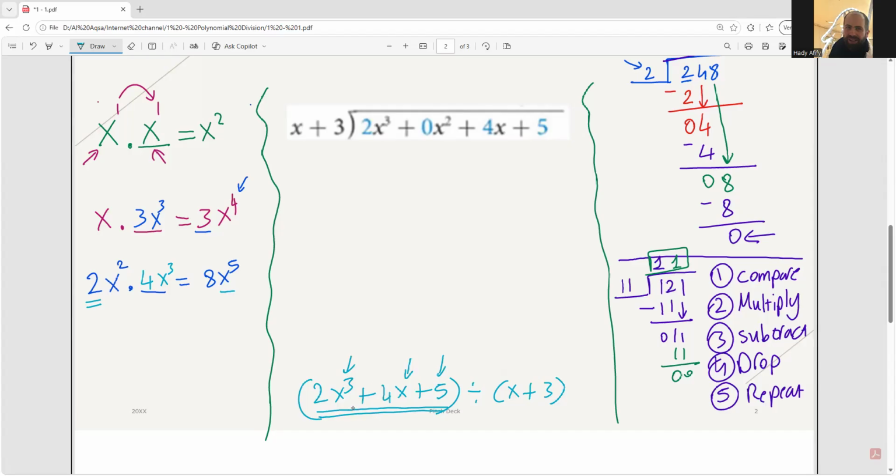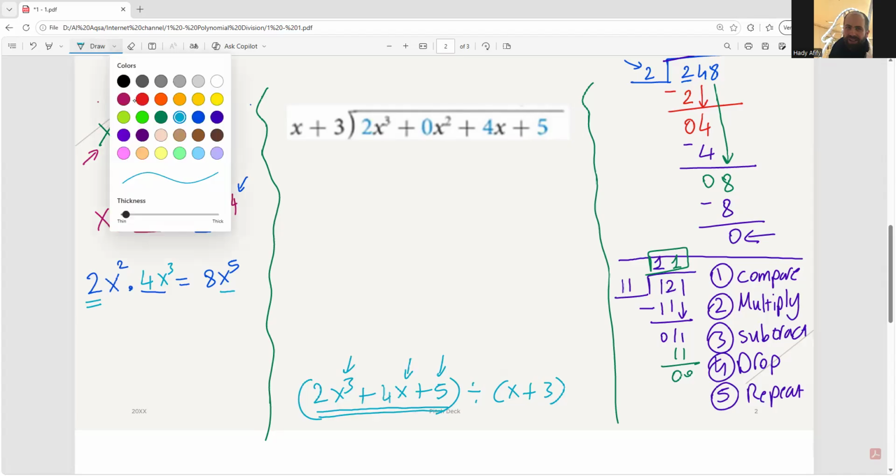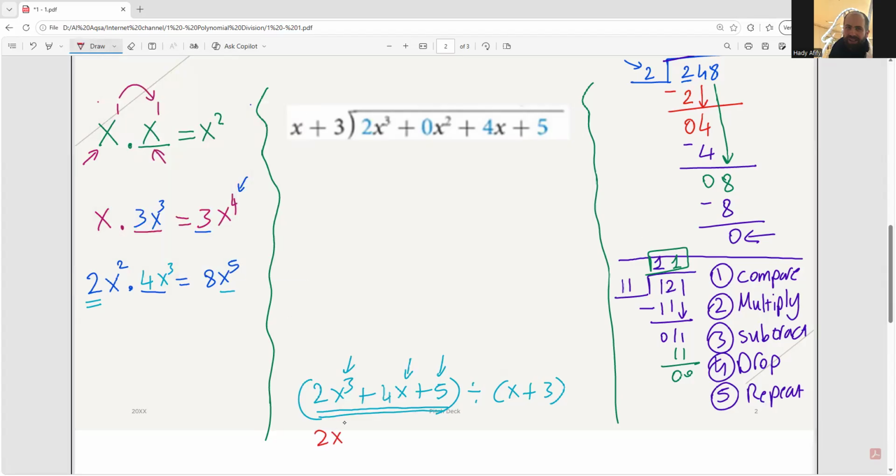And if one of the powers is missing, you have to rewrite the question, and it'll become like this: 2x to the power of 3 plus 0x squared plus 4x plus 5. If you don't do it like that, you have a problem while solving the question. You have to write everything, even if it's not there.